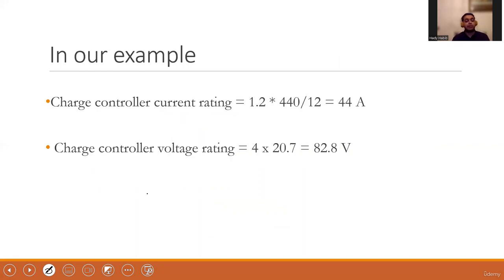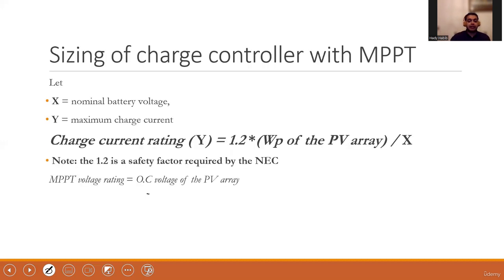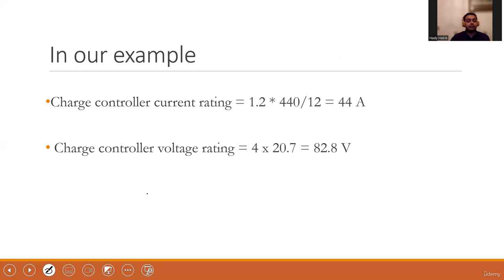Let us see how in our example. The charge controller current rating will be 1.2, and usually this 20% is a safety factor, multiplied by 440, since the module has a watt peak of 110 and we have 4 modules, so the watt peak for the array is 440, divided by 12.